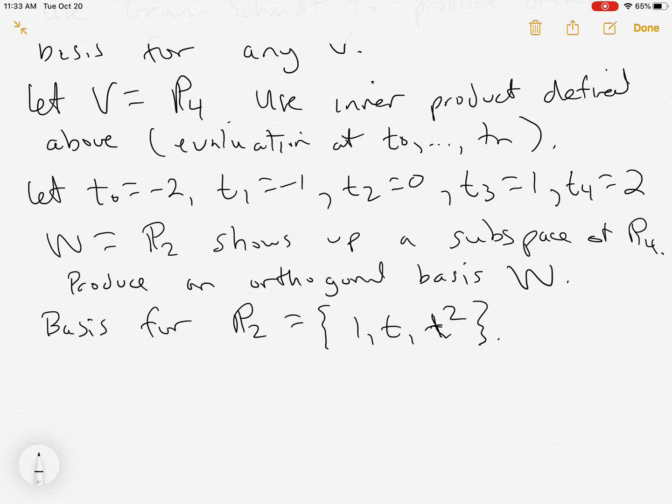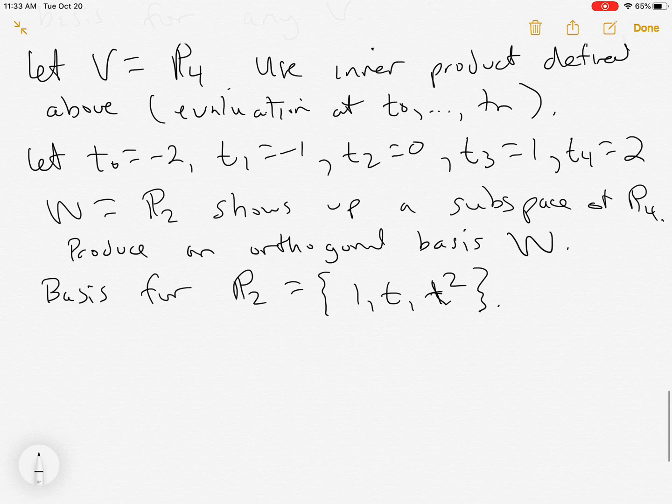I used polynomials P, Q, and R as the vector polynomials, because there are so many different indices floating around. So we're taking these three vectors in P2. I'm just trying to get used to calling them vectors, and we're going to make them orthogonal.